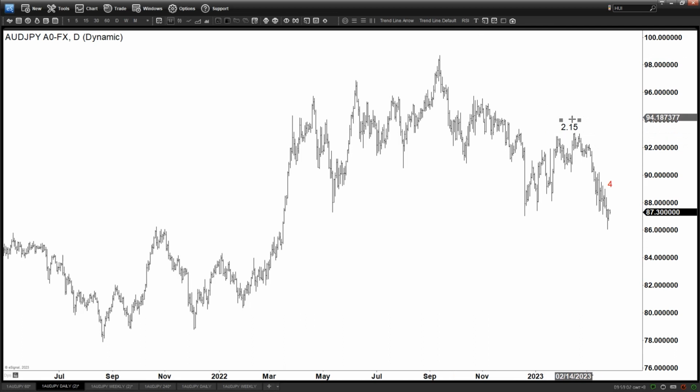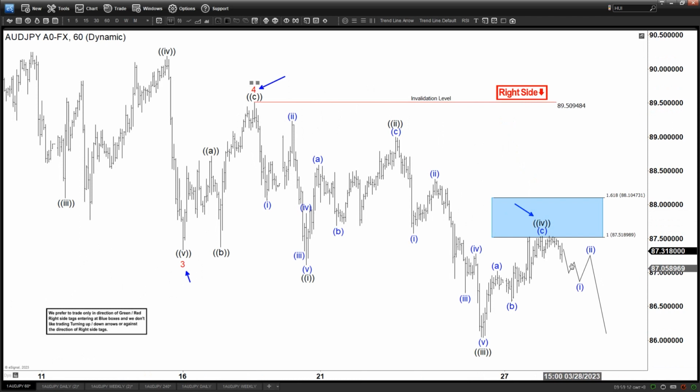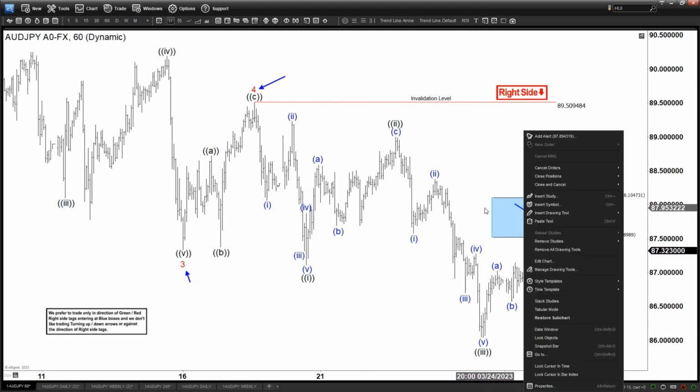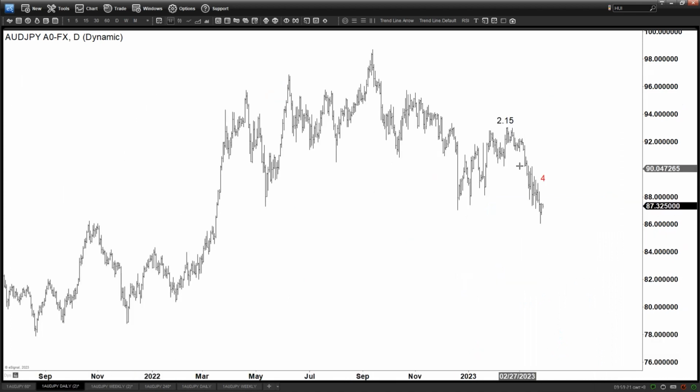So what we are seeing here is that this cycle is kind of mature, right? Because it's almost finished the 5 waves, and of course, if the rally actually continues to go higher from here, then there is a possibility that as an alternate, this cycle already ended as a 5 waves, and then we can get a bigger rally first before turning lower.